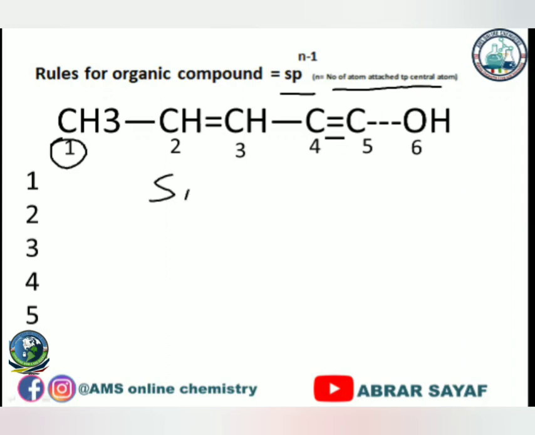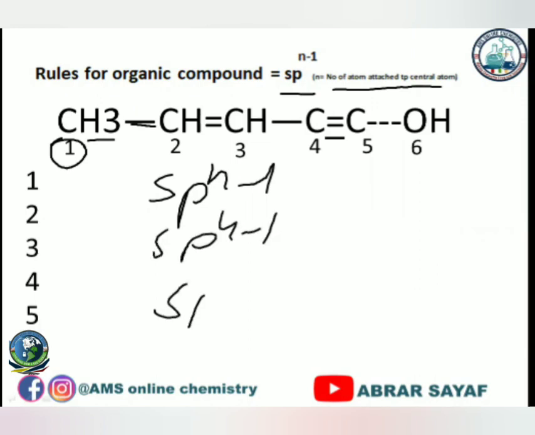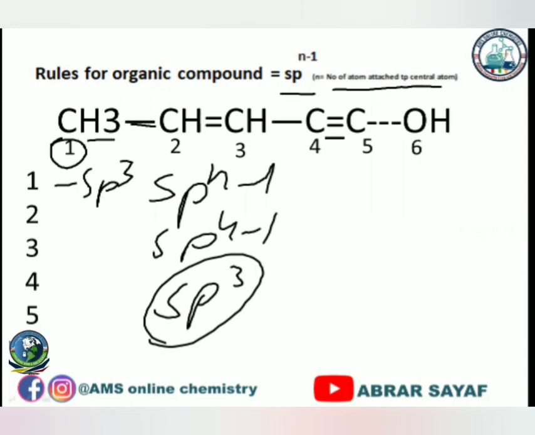So we have the formula Sgn minus 1. Now what is n? n is the number of atoms attached to this carbon. So there are 4 atoms attached. 3 are hydrogen and 1 is this carbon. So it is 4 minus 1, which is equal to 3. So carbon number 1 is sp3 hybridized.